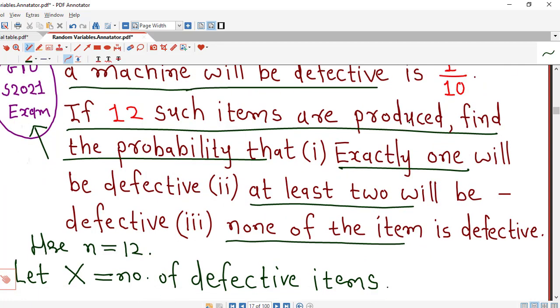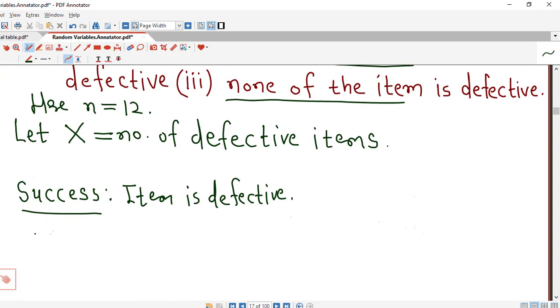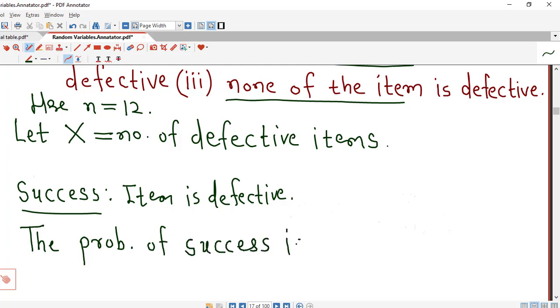So for each trial the probability of success is constant: p equal to 1 by 10, and it remains constant for each trial.